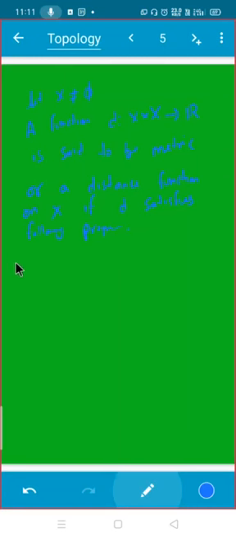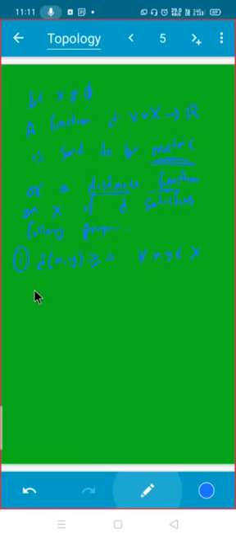What is the first property? We have already done this in your TyBSc, if you remember. That is, distance between x and y is always greater than or equal to 0, for all x comma y belongs to x.